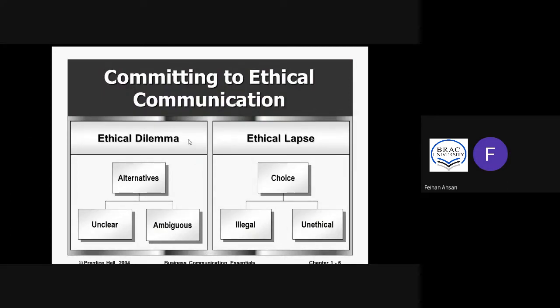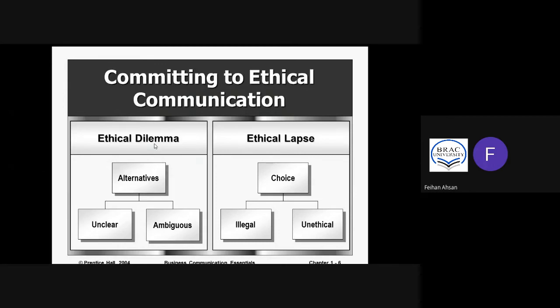Now, there's going to be a lot of occasions where you're facing an ethical dilemma or when you're suffering from an ethical lapse. An ethical dilemma is when you're confused, unsure about what to do. You have alternatives, options which are unclear or ambiguous, and you're not sure which option you should take.